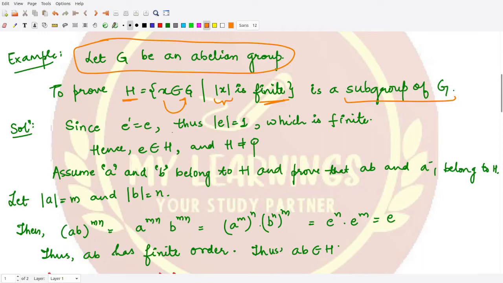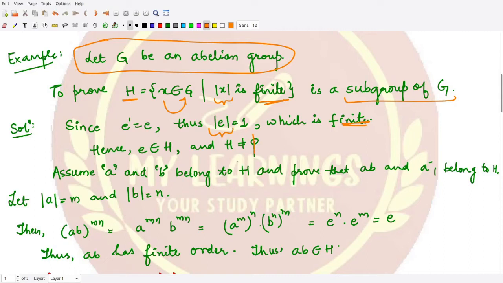That means we'll first show that the identity is present in H, so that H is non-empty. We say e to the power 1 is E only, right? So the order of the element E is exactly equal to 1. That means this order is finite, and if the order is finite, then the element E would definitely be in the set H. So this set H is non-empty.